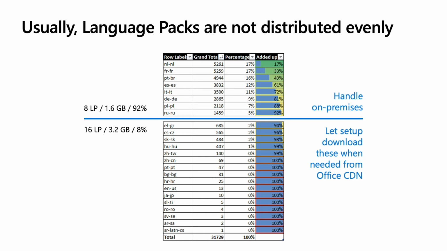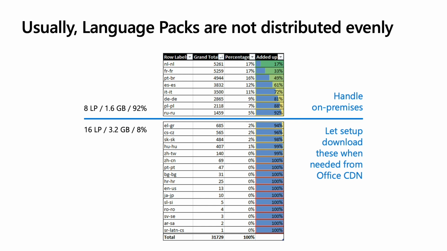So this is how I can usually draw a line and start adding up the number of installs and look for where my 90% threshold is. Which set of language packs is representing 90% of my installations? And on the screen you can see where the line is. So the top 8 language packs, which are 1.6 gig in size roughly, are representing 92% of all my installations.